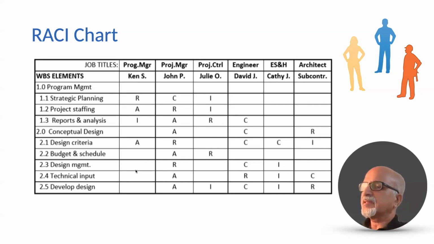So a RACI chart helps us to define the roles and responsibilities very, very clearly. There are variants of the RACI chart. This is RACI. Sometimes we get RASCI. S stands for sign off.